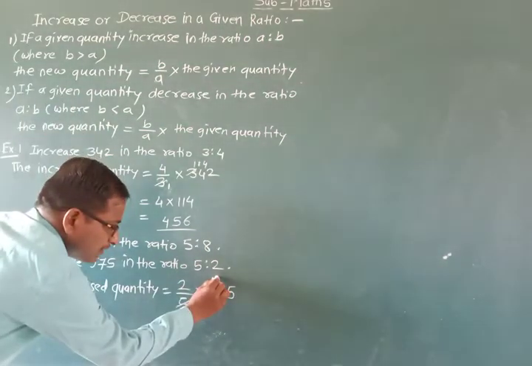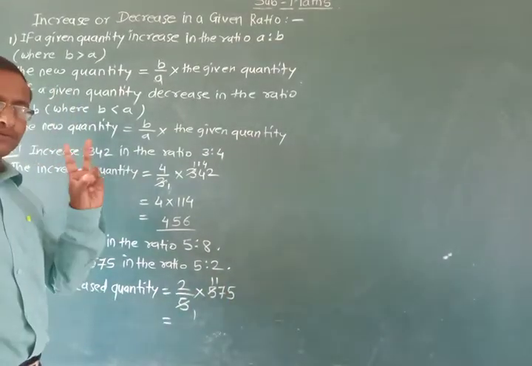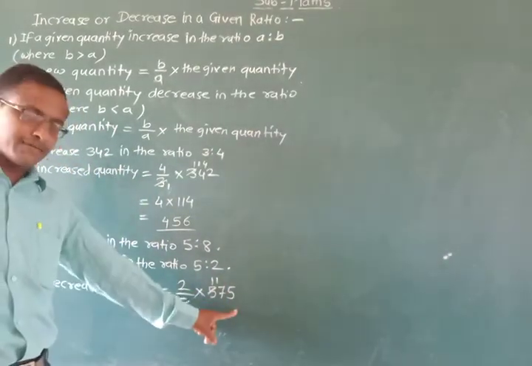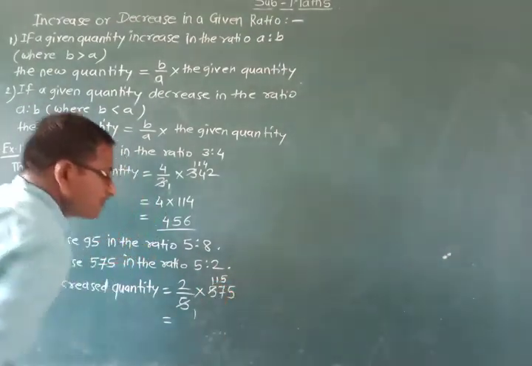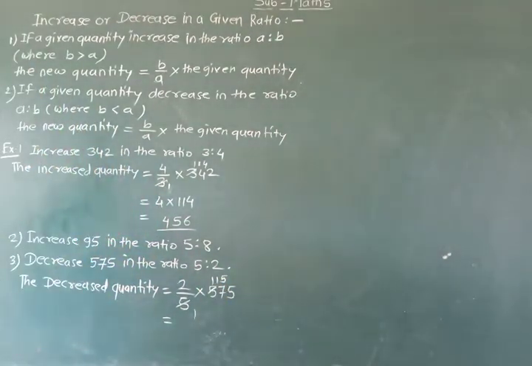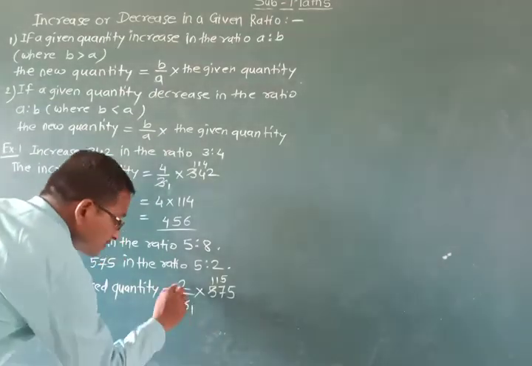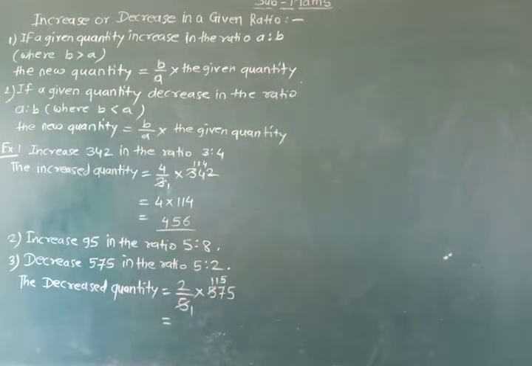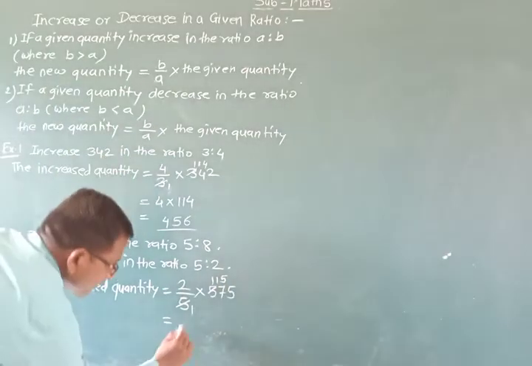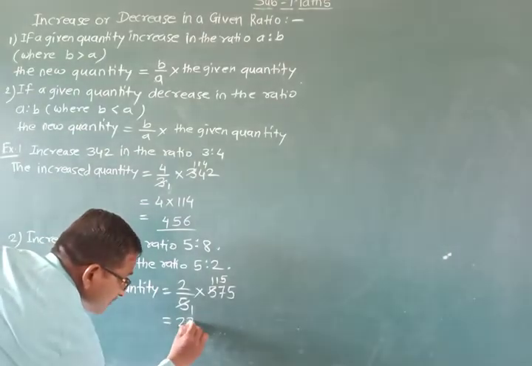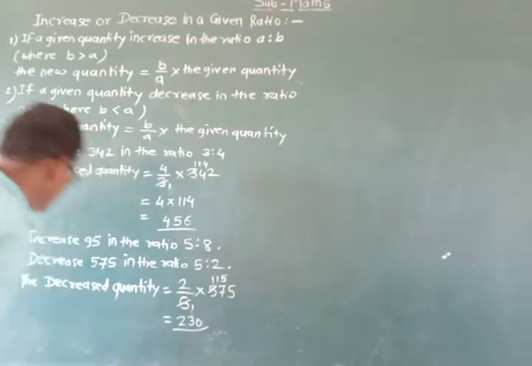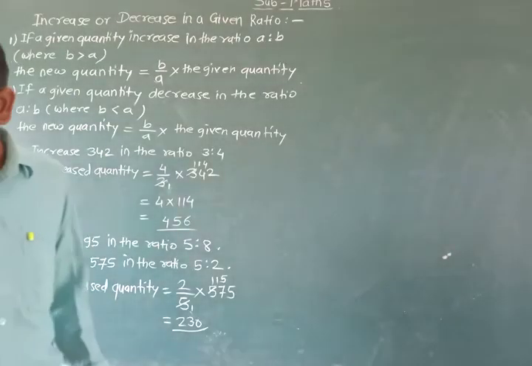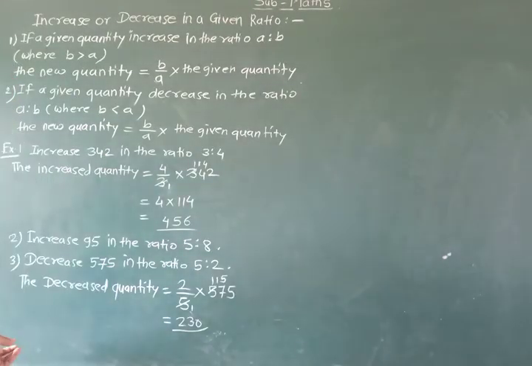Again 5 1s are 5, 7 minus 5, 2 is remaining. On 2 write 5, 25. 5 5s are 25. So 115 multiplied by 2, we get 230. This is the decreased quantity.